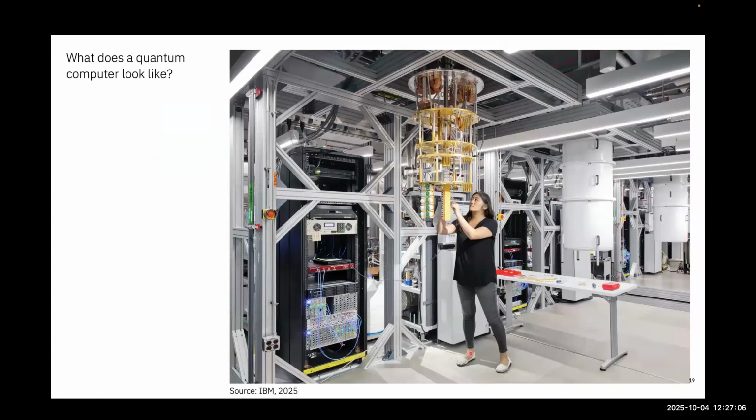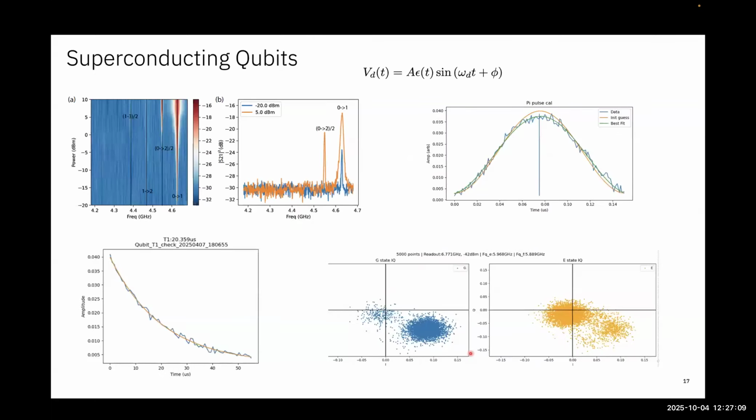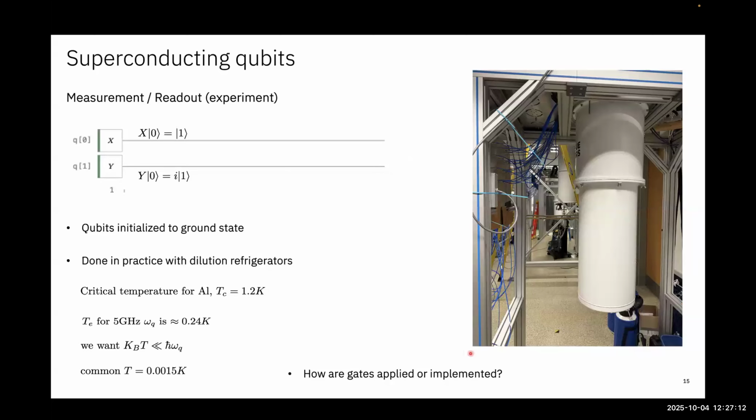And for the other question on what if the thermal energy exceeds the transition frequency. Let's say your qubit frequency is 5 gigahertz, you need at least a temperature of 0.24 Kelvin to be able to excite your qubit. But that's why we maintain this very, very low. So this is 0.0015 Kelvin. At the time that you have your fridge cooled down to 15 millikelvin, you do not expect any thermal excitations.